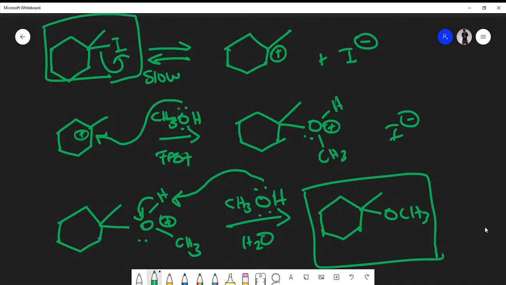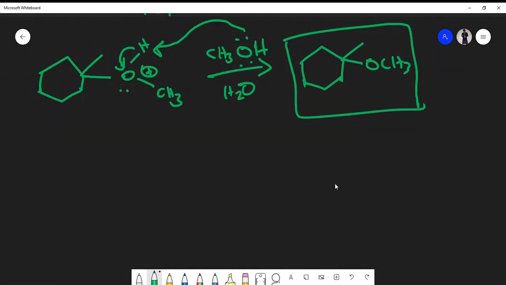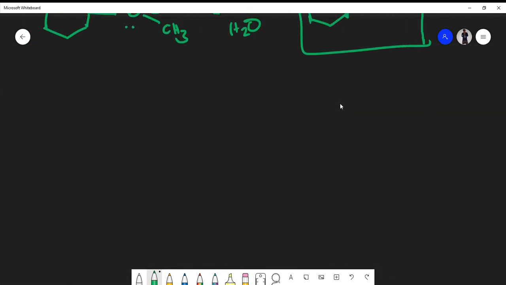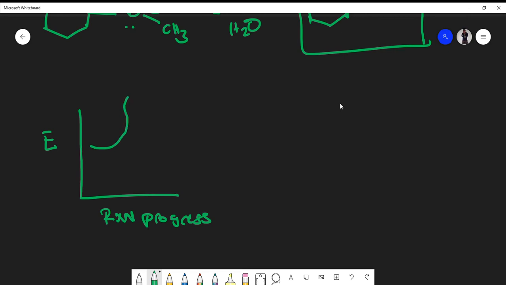Now notice again we have a fast step and a slow step. Okay? So let's talk a little bit more about what we should know in general about the SN1 reaction. If you look at an energy reaction diagram like we did for an SN2 reaction, with energy on the y-axis and reaction progress on the x-axis, we actually see that the reaction progresses in two stages. Here's transition state 1, transition state 2.